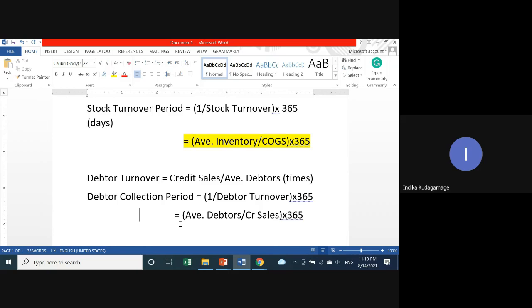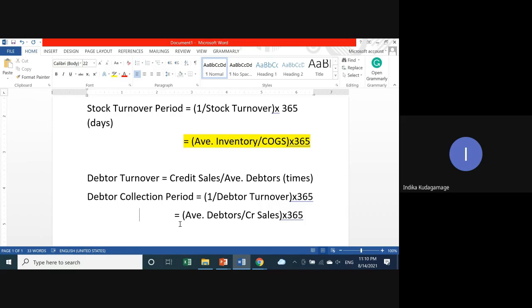So you have to find out the bad debt portion and take it out. Right? So this shows the ability. So based on the industry, again, you have to question the debtor collection period. So always you have to ask, is there any bad debt in this?